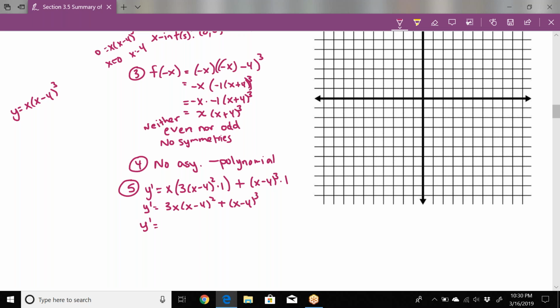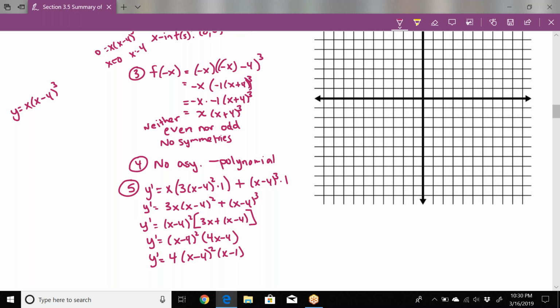We can factor out an x minus 4 squared. That leaves us with a 3x plus an x minus 4 to the first. So we get x minus 4 squared, and this is 4x minus 4. Now if we want, since this has no exponent on it, we could pull that 4 to the front in that common factor pair, and that would just be an x minus 1 then.